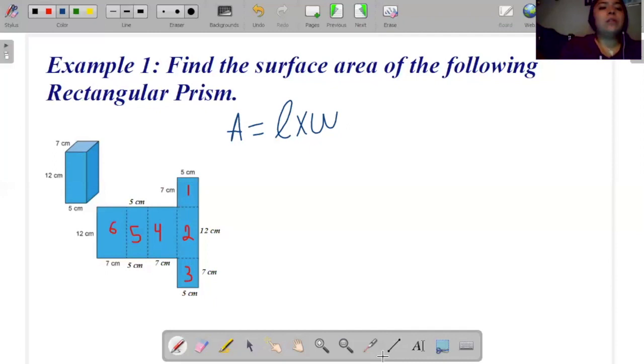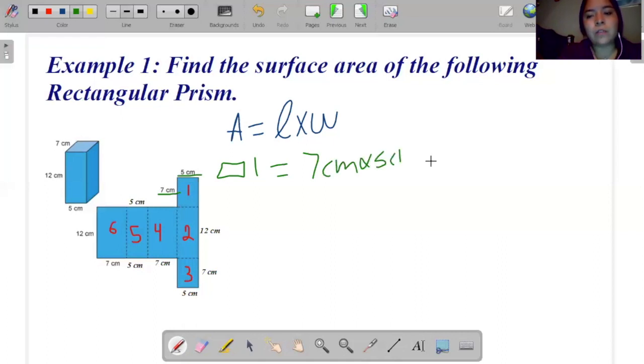Let's start. Rectangle 1 is length times width, which is 7 centimeters times 5 centimeters. That's equal to 35 square centimeters.